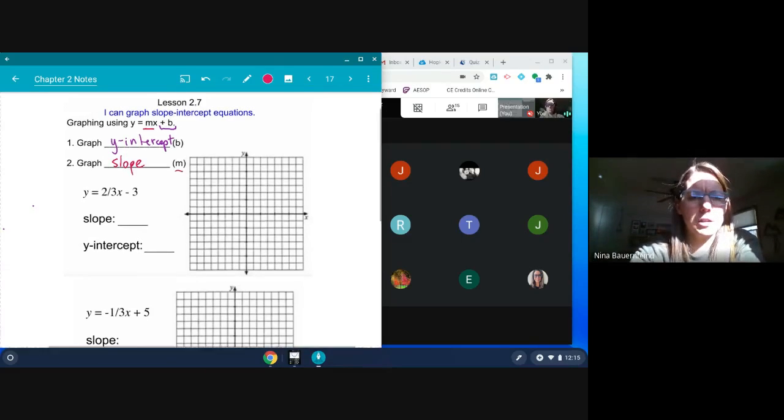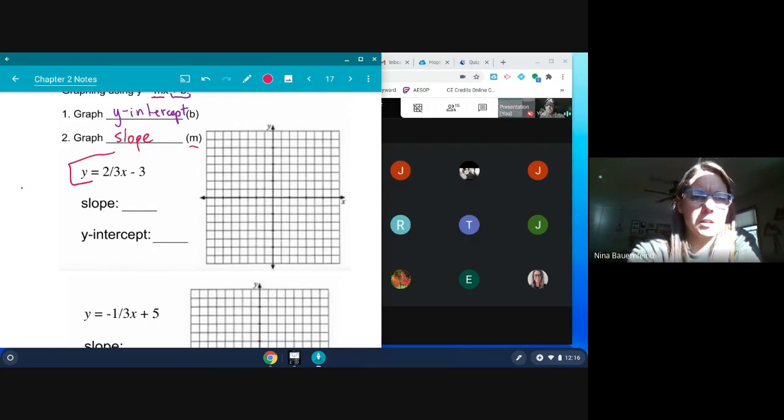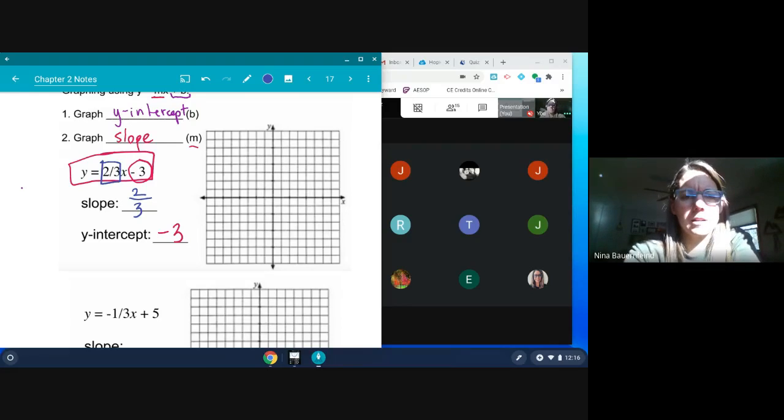In this first equation, I'll do the first one, then you guys tell me the answers to the second one, okay? In this first equation, the y-intercept is -3. It's just this plain number right here. And then the slope is 2/3, the number in front of x, okay?